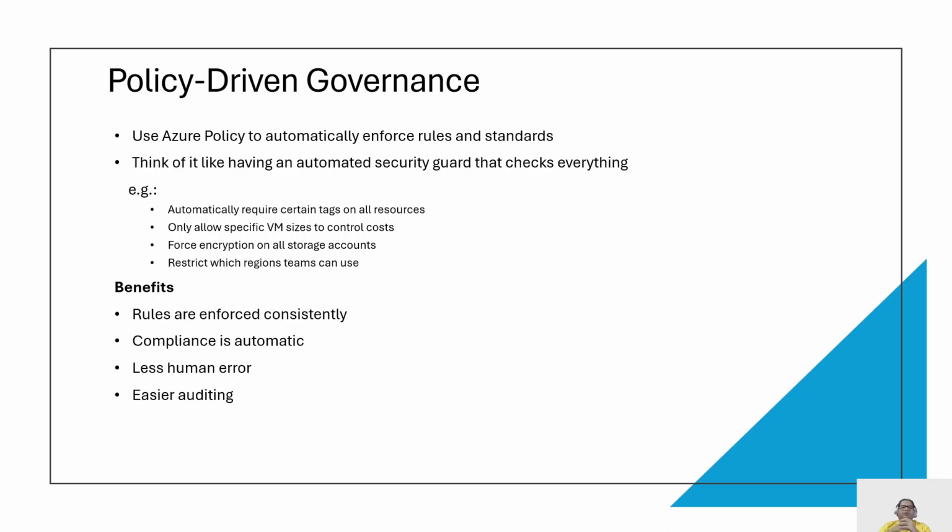When we talk about policy-driven governance, we are focusing on using Azure Policy to create an environment where rules and standards are enforced automatically. Let's break down what the principle brings to the table and why it's so effective in cloud management. So you have the policies.